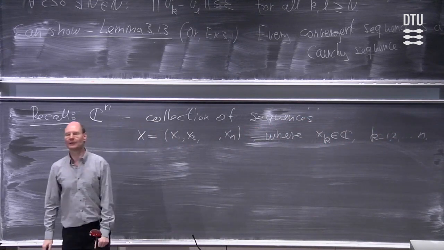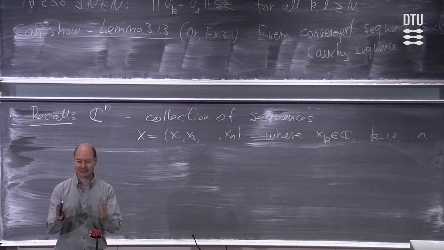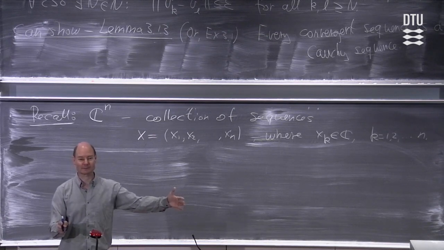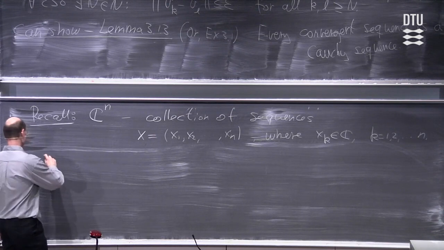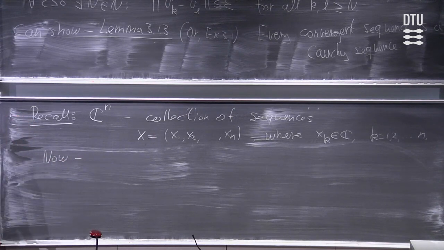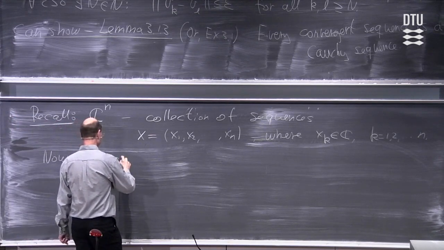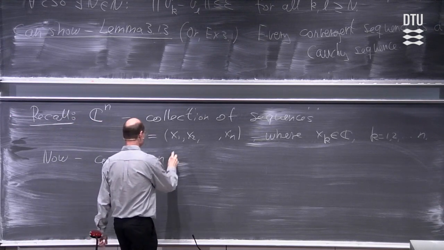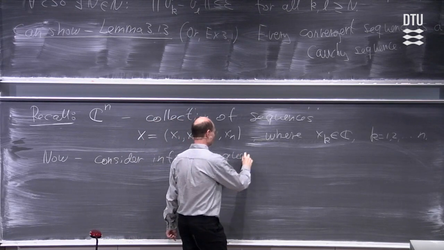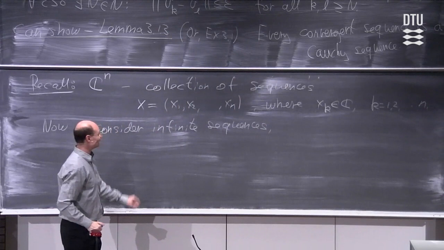What we will do now is to introduce a completely similar space, but instead of just taking n coordinates, we actually look at a sequence with infinitely many coordinates. So we will consider what I will call infinite sequences. We will use exactly the same notation.